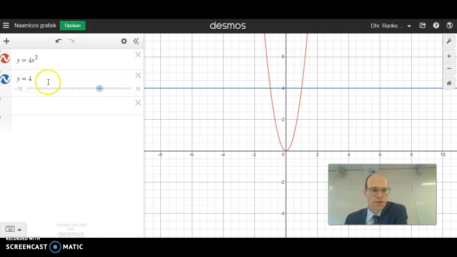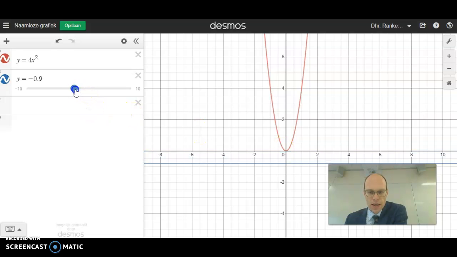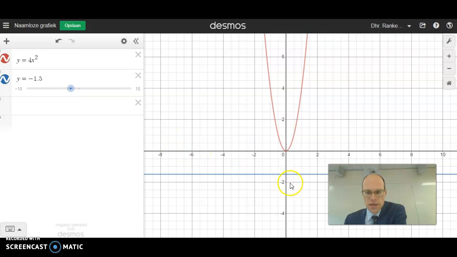That's when we have a positive number over here. And if we decrease the number, it's still positive, and you can see there are still two solutions until I reach 0. With 0, it touches over there, it has one solution, and if I go negative, go down, then there is no solution anymore.